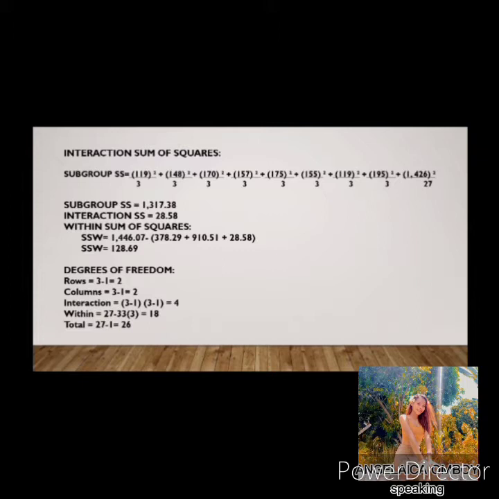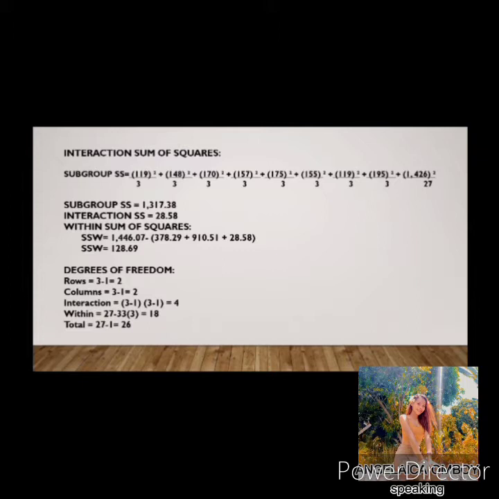Subgroup SS is equal to 1317.38 and the interaction SS is 28.58.